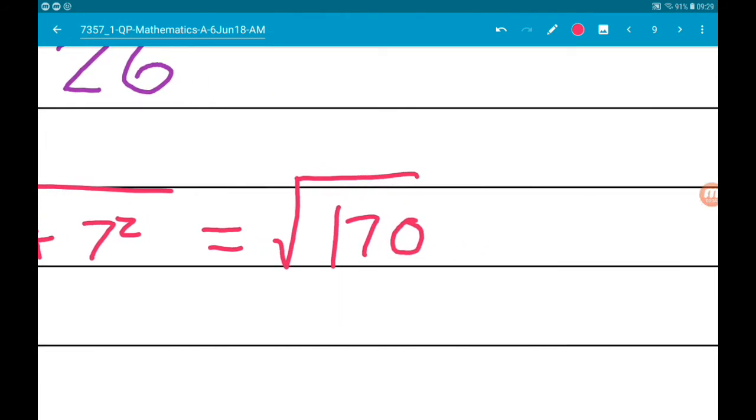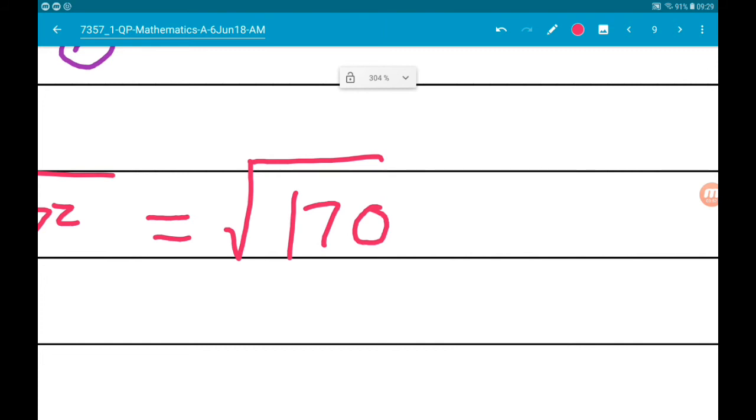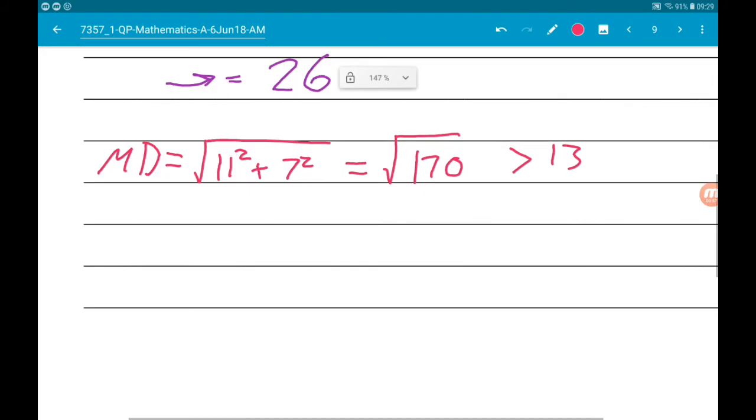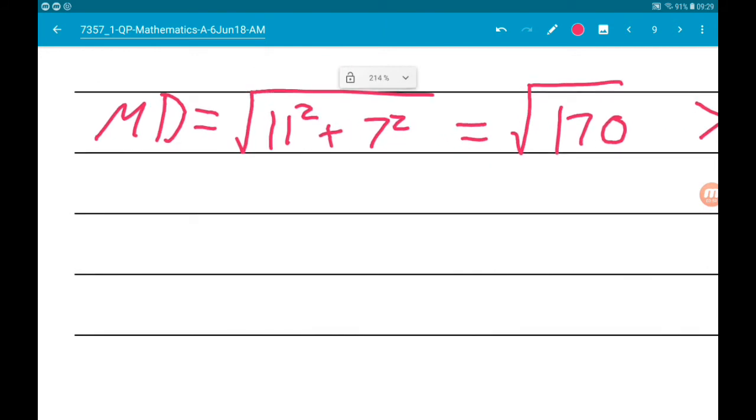Now it's not a square number, so the square root of 170 is just over 13, literally just over. So I'm actually just going to say that that is greater than 13. So MD is greater than the radius.